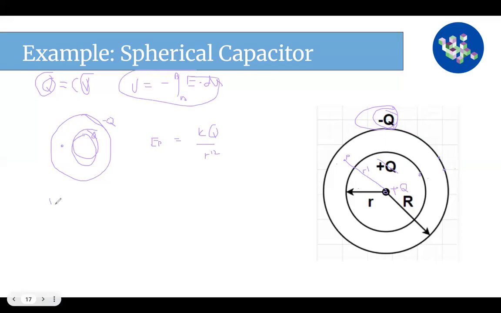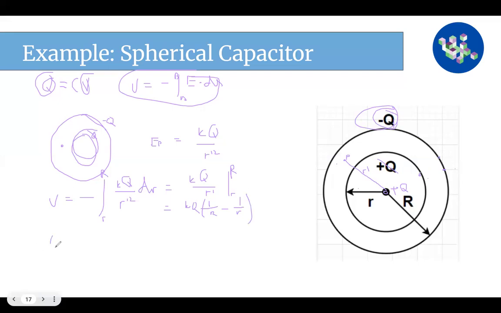V would be equal to negative integral from small r to big R of K big Q divided by r prime squared dr. This is just equal to K big Q divided by r prime, evaluated from small r to big R. And this is equal to K times Q times 1 over the big R minus 1 over the small r. This is the potential difference.